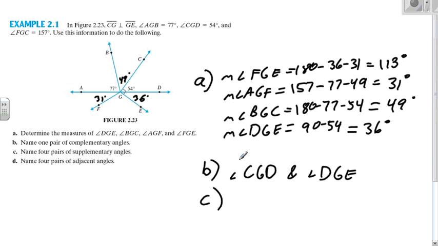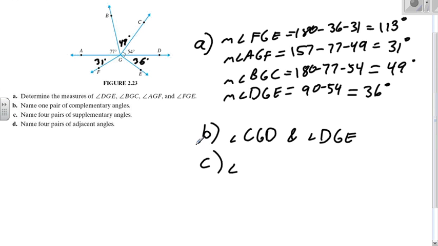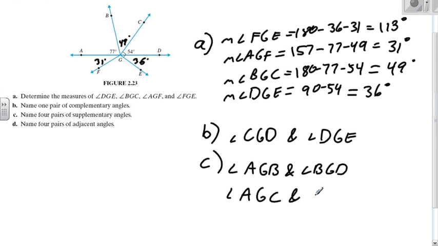Part C, it says name four pairs of supplementary angles. Supplementary means it's going to have to add to be 180, so we do have a straight line, so we're just going to take different pairings to get straight lines, like angle AGB and BGD. Or we could do angle AGC with angle CGD.